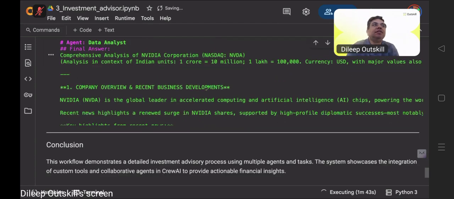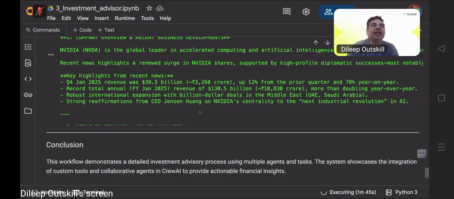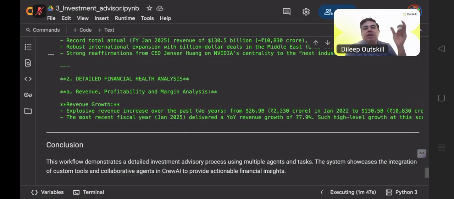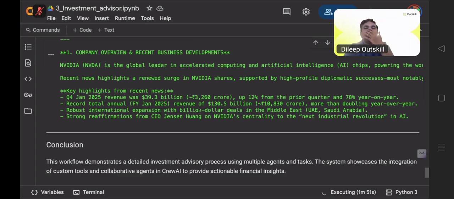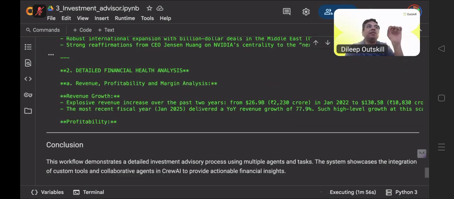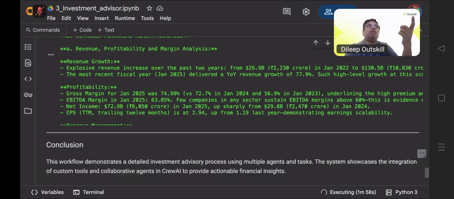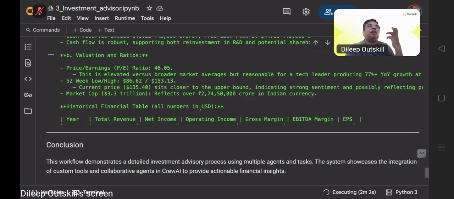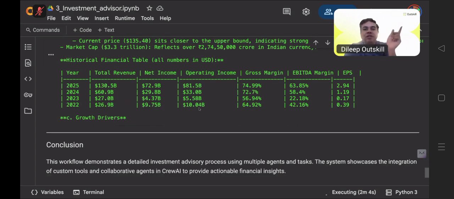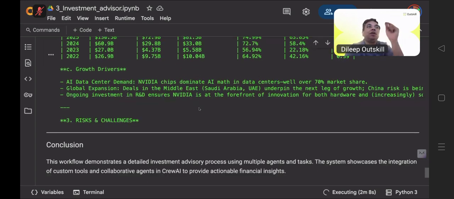It is done. Company overview, key highlights. Do you remember the previous model? The headlines were not so good. It has now picked up very good headlines. It has shown revenue growth, profitability, expense management, cash position, valuation and ratios. A table was not there previously. You have got the historical financial table, growth drivers.